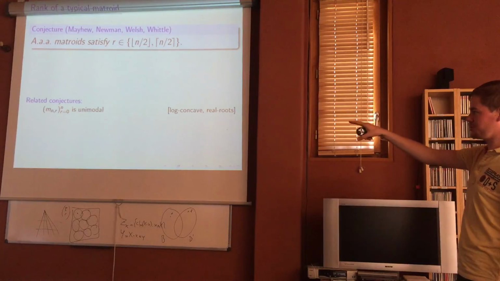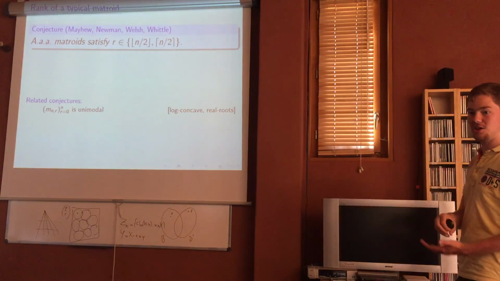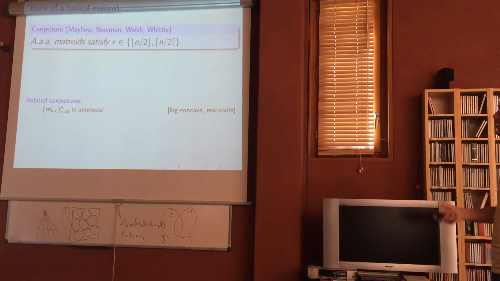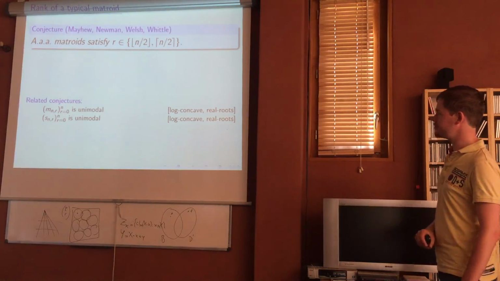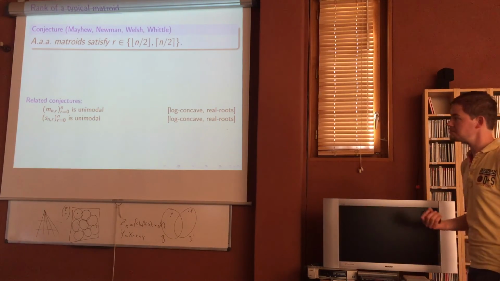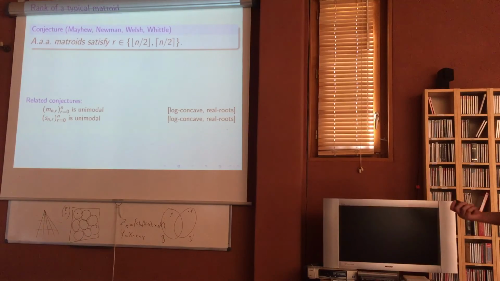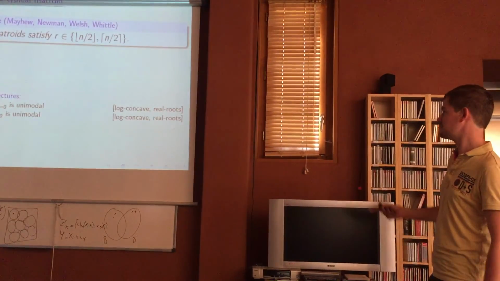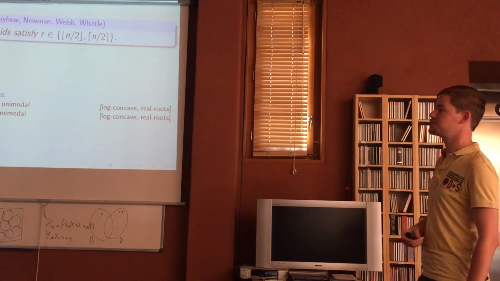There are unimodality conjectures on the number of matroids: either it's unimodal or log concave. Same for sparse paving matroids, and I don't think any of these have been proved up to now. So these are still open questions that would be very interesting, and maybe could lead to something to prove the conjecture.